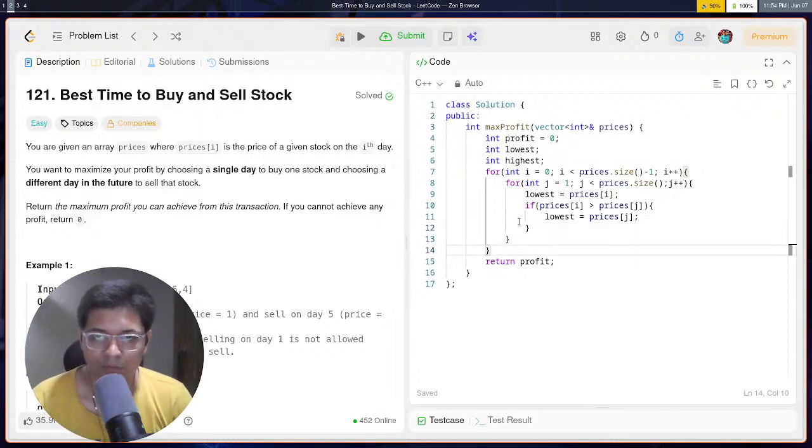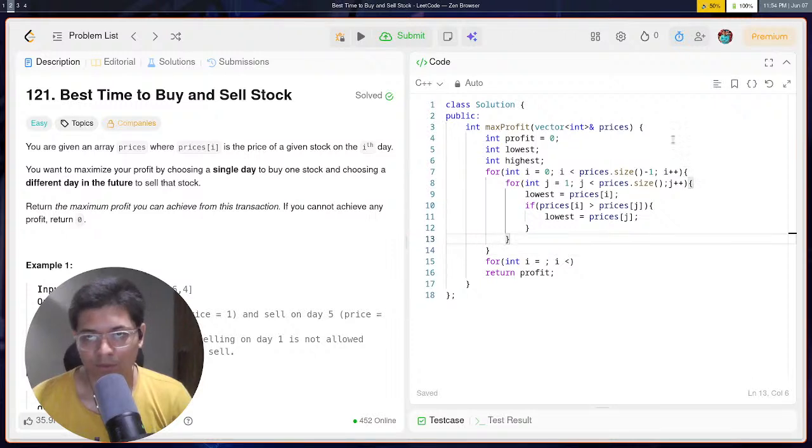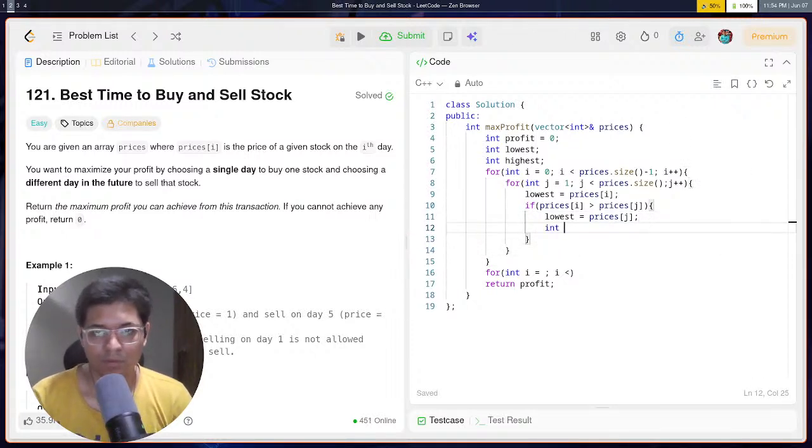We can run another loop for int i equal to 0, i less than. We'll start by the index. i is equal to, wait a second, let me just int lowest index equal to j.